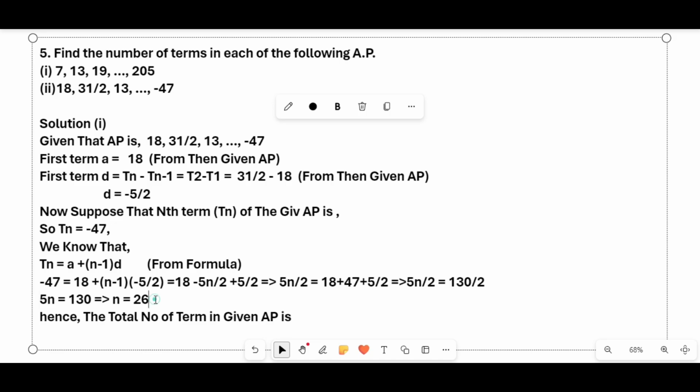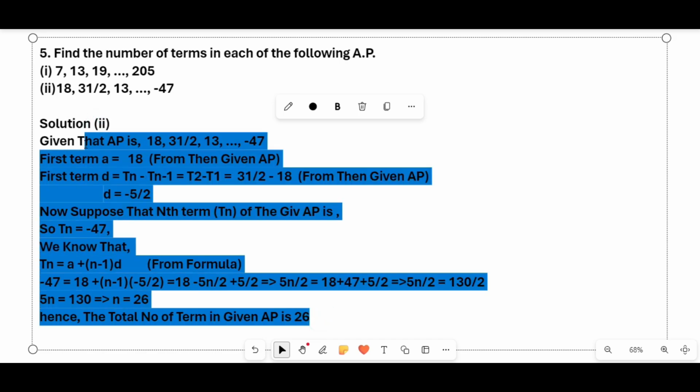So n will be 26. Hence the total number of terms in the given AP is equal to 26. So this is the second solution. You can check it.